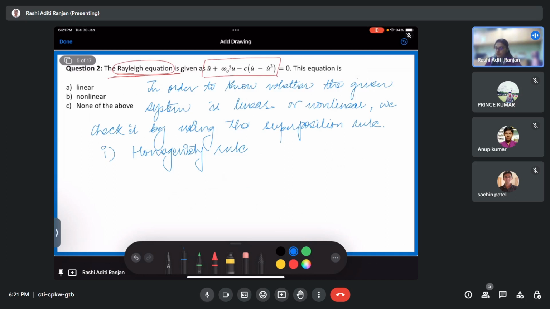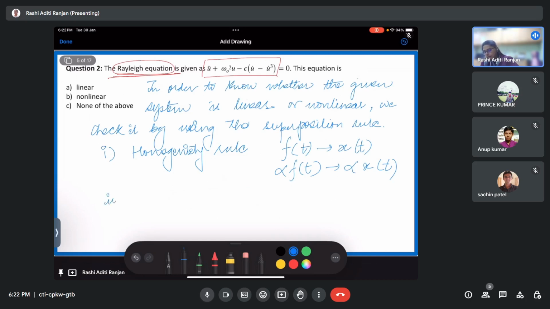So for example, if I have a function f of time t, which gives a result x of time t, the homogeneity principle says that if the input f is written as alpha into f of t, then it would result into alpha into x of t. And if this is satisfied, then it satisfies the homogeneity principle. Correct?